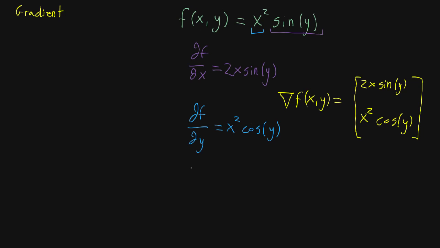Then you would have three partial derivatives and a three-dimensional output. And the way you might write this more generally is we could go down here and say the gradient of any function is equal to a vector with its partial derivatives. Partial of f with respect to x and partial of f with respect to y.